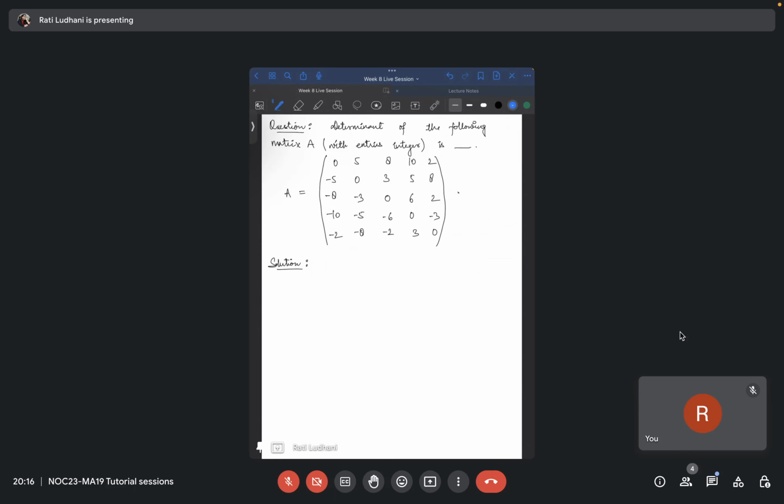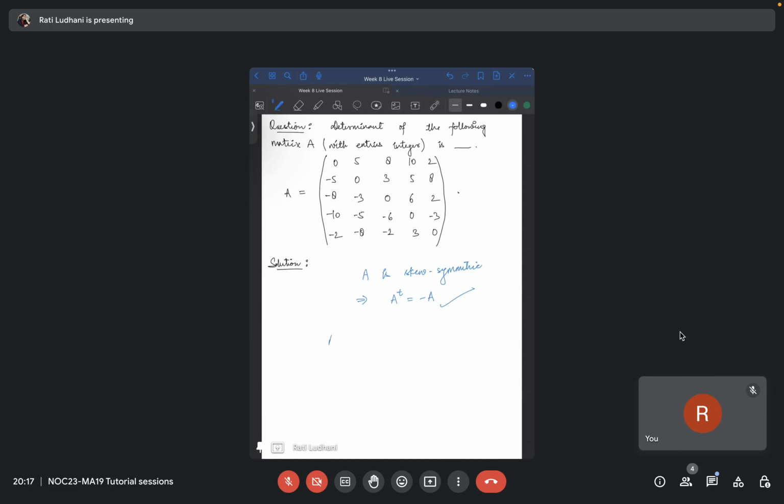I think you said determinant is 0, right? So basically, A is skew symmetric. So this implies A transpose will be equal to minus A. Now again, the entries are integers.